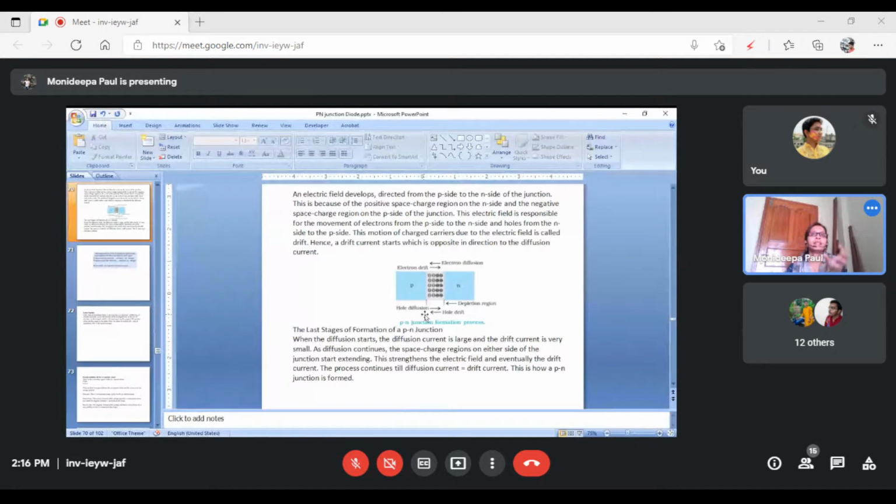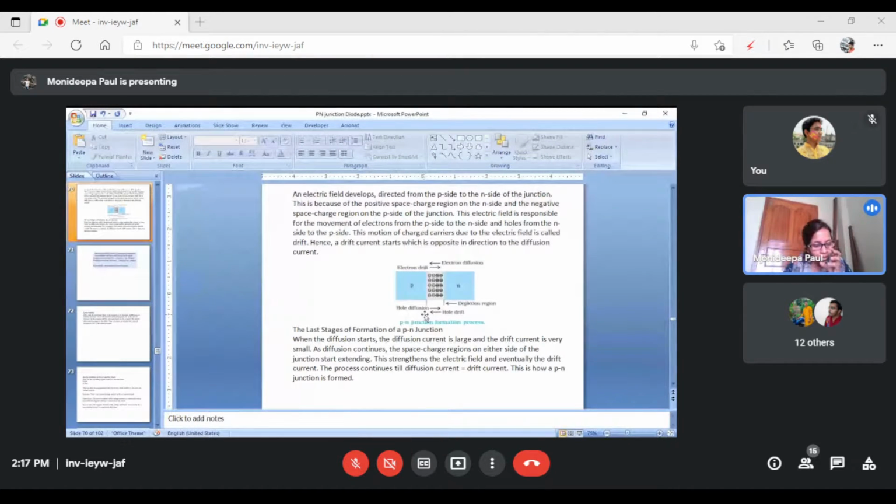That means at the starting, electrons diffuse to holes, holes diffuse to electrons, current is flowing, this is diffusion current. When electrons and holes diffuse, positive charge and negative charge are accumulated near the junction point. Due to the accumulation of positively charged and negatively charged ions, a potential difference is created at the junction point.